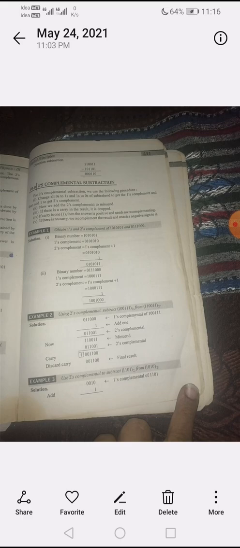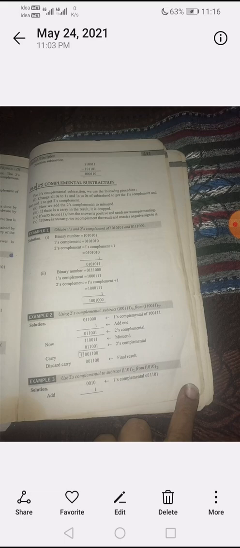Now we add this 2's complement to the minuend. If there is a carry in the result, we have to drop this carry. If the carry is 1, then the answer is positive and needs no recomplementing. If there is no carry, we recomplement the result and attach a negative sign to it.